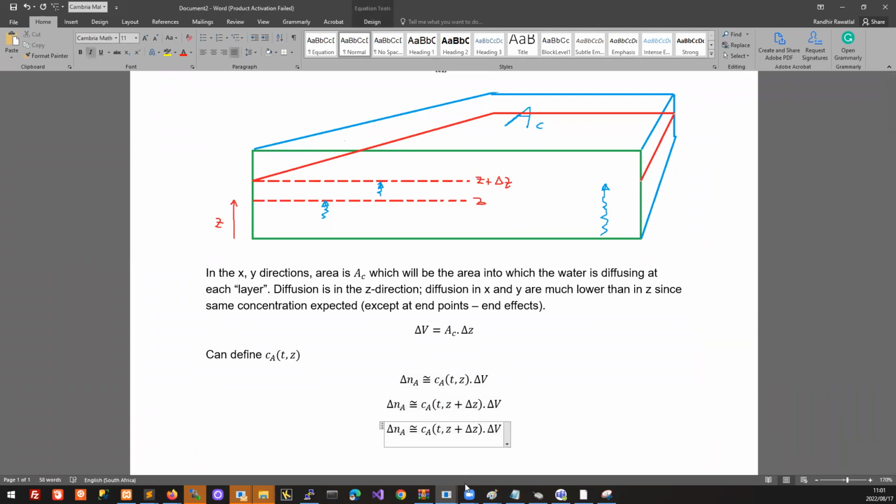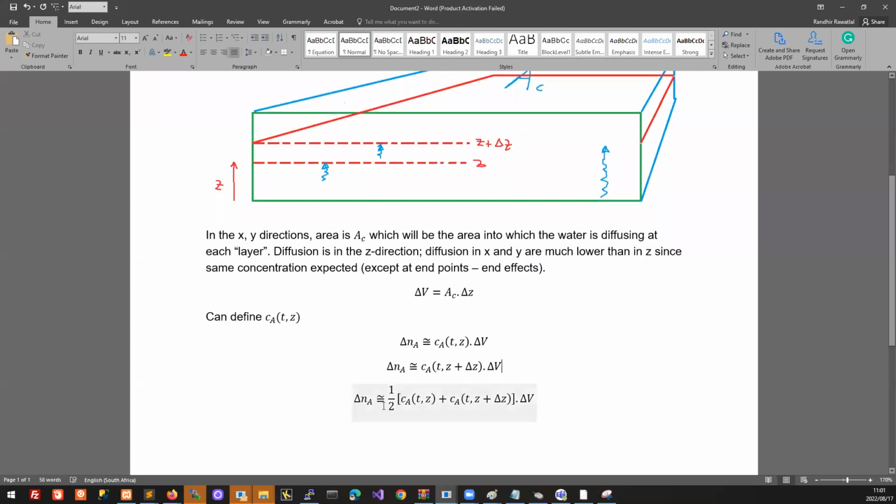So, 1/2 times the average of these two concentrations. But even in this case, it's also an approximation because the concentration gradient of A in the Z direction is not guaranteed to be linear, right?